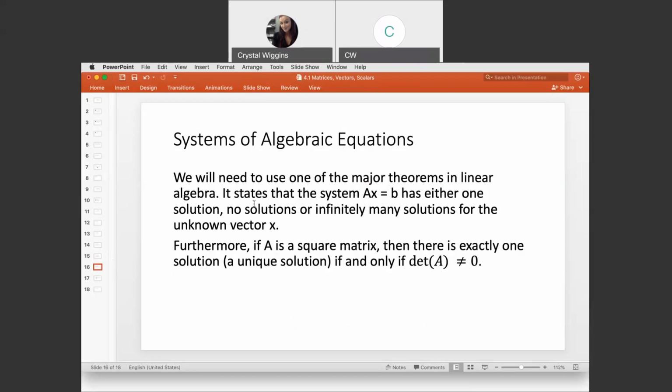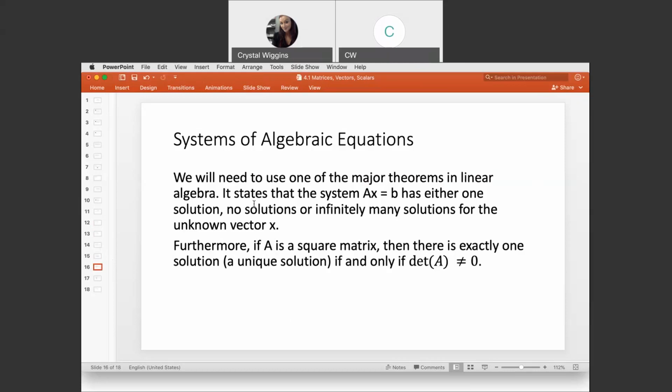We will need to use one of the major theorems in linear algebra. It states that the system AX equals B has either one solution, no solutions, or infinitely many solutions. And that's the same when we were learning this in elementary algebra or intermediate algebra.